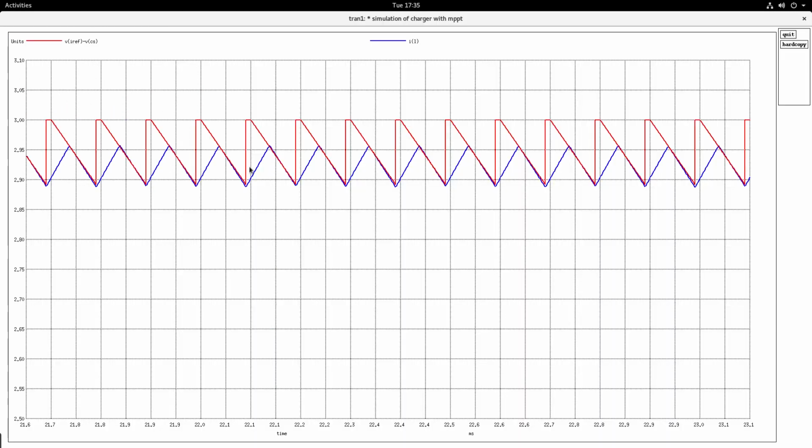Now here you see the blue line is IL and the red line is the modified or slope compensated reference. Whenever the clock comes in here, it starts falling, subtracting, and again rises back. The IL ref was at 3 amps, and from 3 amps it starts falling down with the same slope as the inductor down slope.